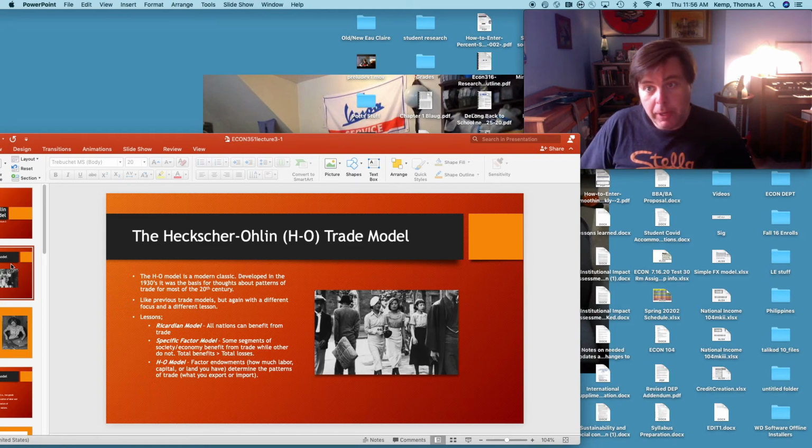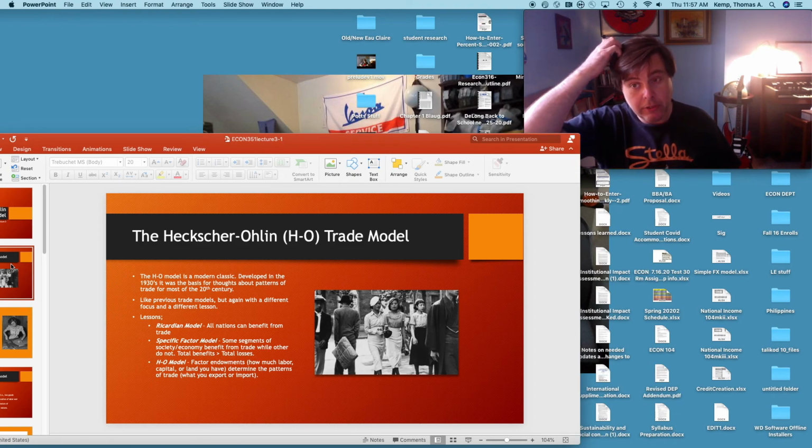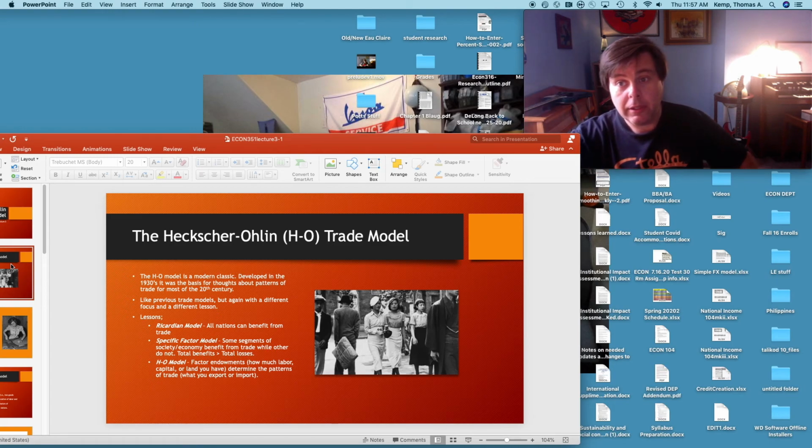In the HO model, what we're showing is that factor endowments impact the pattern of trade, right? So the sort of real stuff you have impacts the pattern of trade, and the HO model predicts that nations should tend to export in areas where they have relatively large factor endowments.